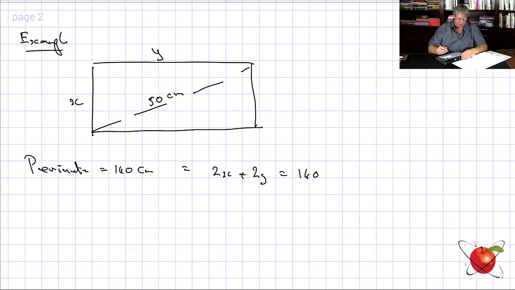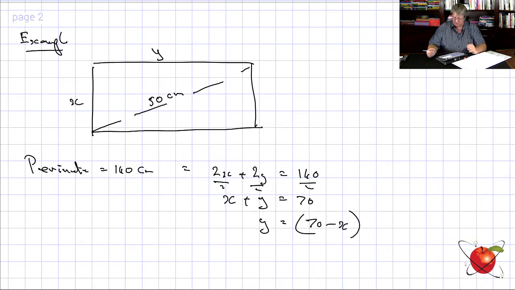So x plus y is equal to 70. Kevin, divide through by 2 both sides. Can you see? That's because I didn't do the division properly. I should have done this, right? Just to make sure that we get it. Therefore, I can say that y is going to be equal to 70 minus x. There she is.